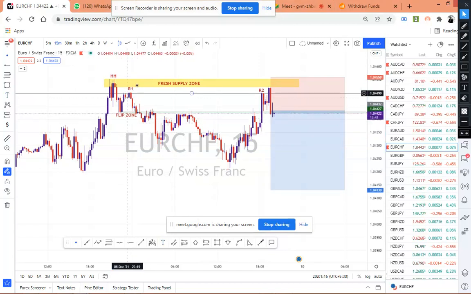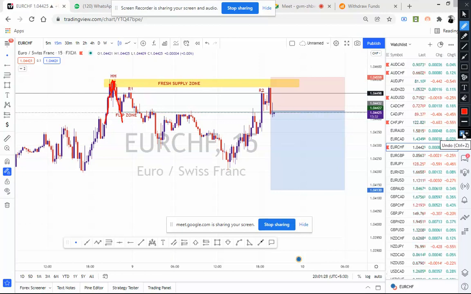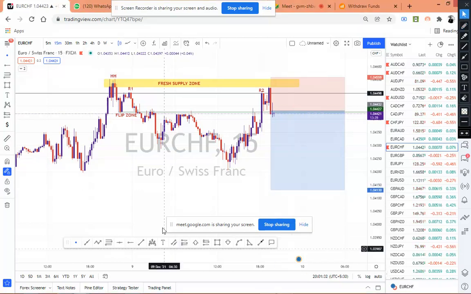Okay, so this supply zone we call rally base drop. That is the first supply zone, and this is a sell.